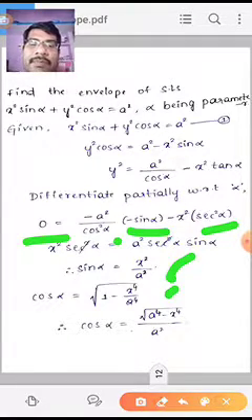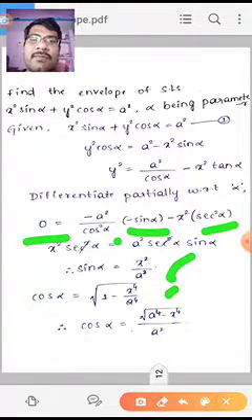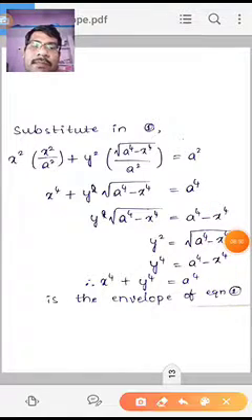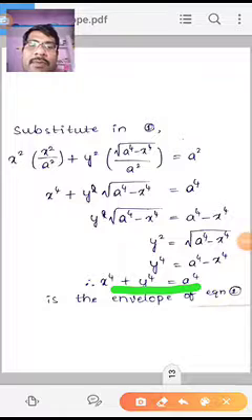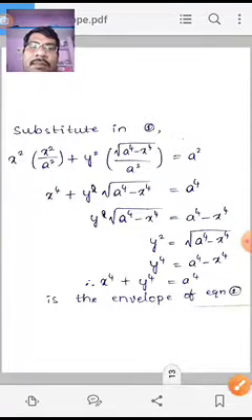That is equal to cos alpha is equal to square root of a to the power of 4 minus x to the power of 4 by a square. Substitute in equation 1 and simplify it. We are getting the equation x to the power of 4 plus y to the power of 4 is equal to a to the power of 4, which is the envelope of the equation 1.